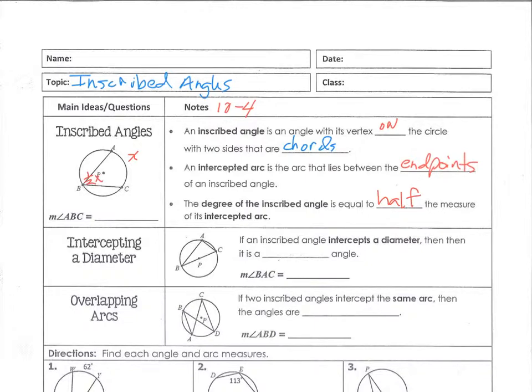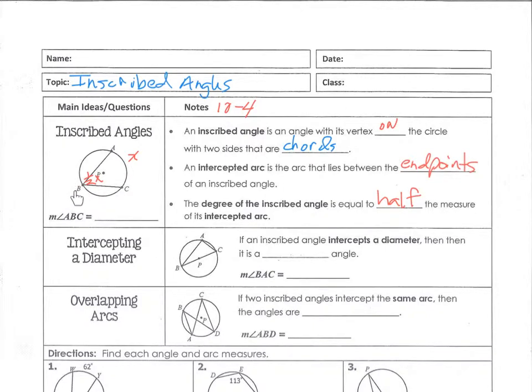And the easy way to remember that is, doesn't the angle look smaller than the arc? So if you're given the arc, all you have to do is divide it by 2 to get to the angle. But if you're given the angle, how do you get to the arc? You multiply by 2. So you're either going to double your measurement or divide it by 2.